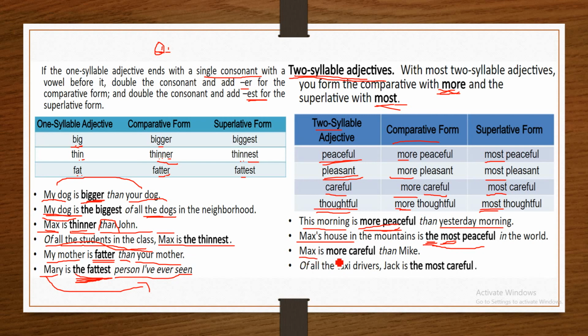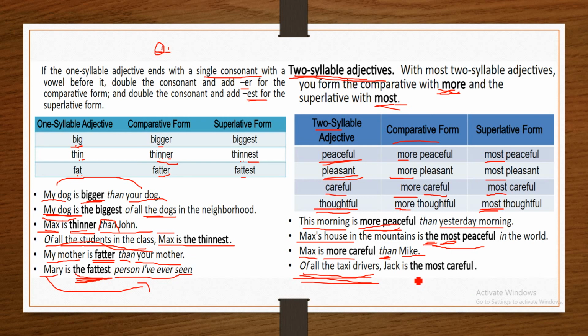Max is more careful than Mike. Max and Mike are compared by the comparative form more careful. And we have than, it is the easiest signal to distinguish the comparative form. Of all the taxi drivers, it means there is a group of taxi drivers.